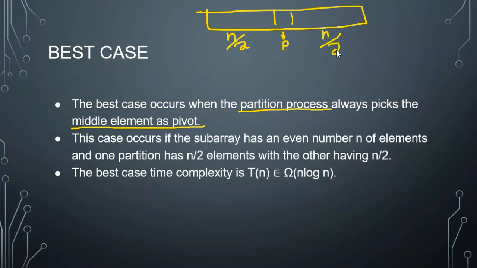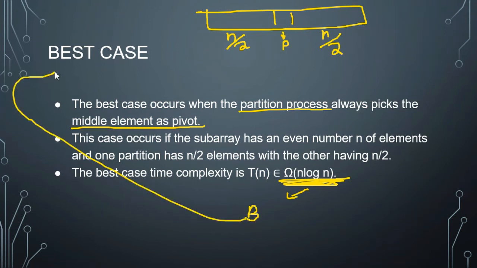So its time complexity will be omega of n log n, or big O of n log n. This is the best time complexity to sort an unsorted array, and it is also called the best case scenario, as we have seen here.